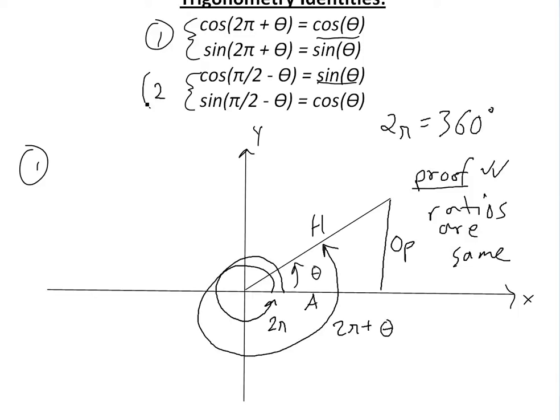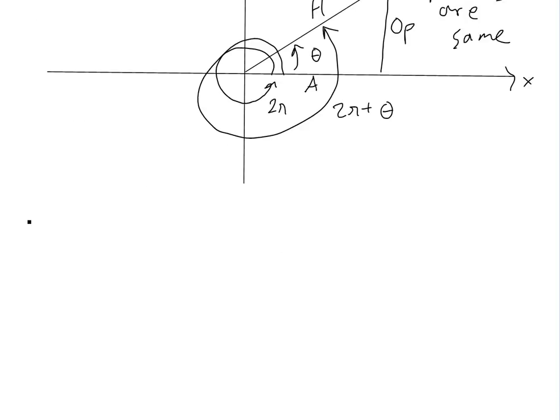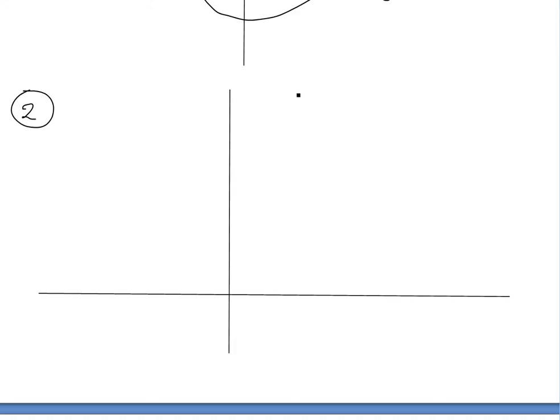So now let's prove these two sets of equations right here. If we draw another set here, x and y axis, this is x, that's y, and pi over 2 is 90 degrees. So write pi over 2 is equal to 90 degrees.